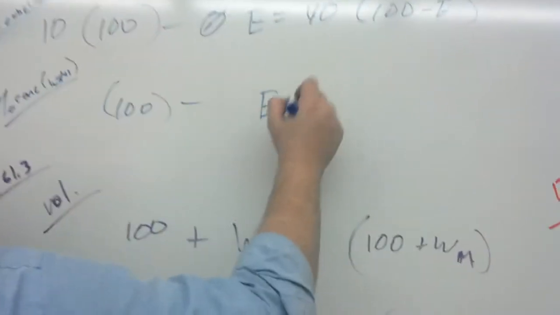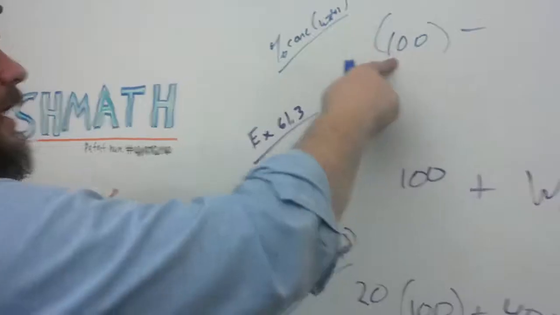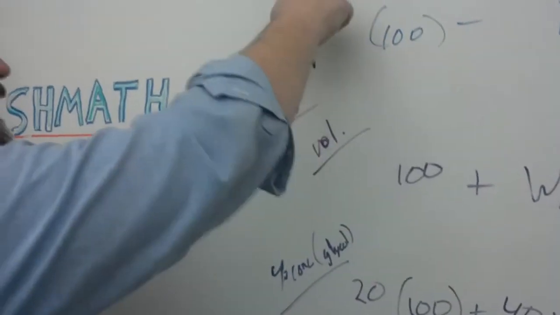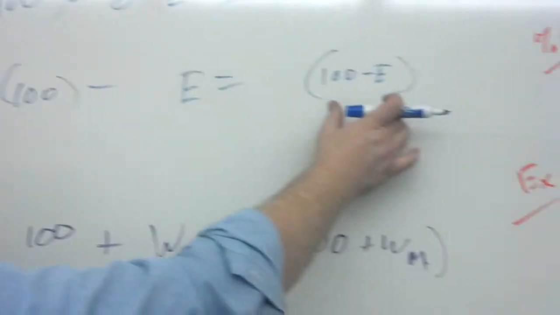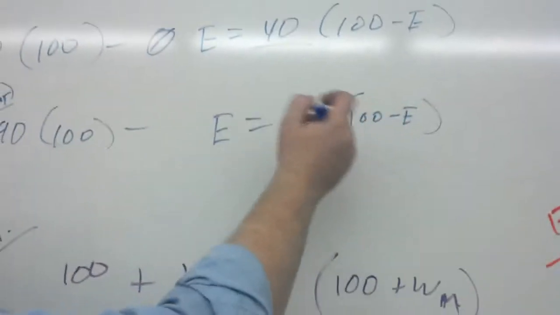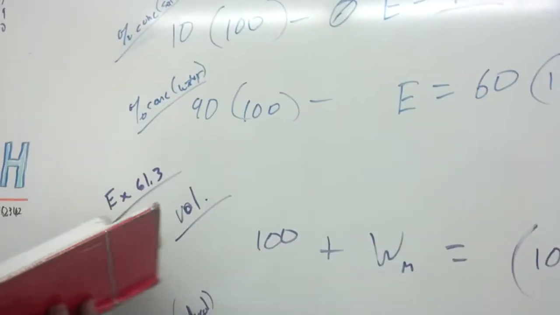Our same volumes, right? If this 100 gallons is 10% salt, how much of it is water? 90. Nice. What we're ending with, if 40% is salt, how much of it is water? Of the water that we're evaporating, how much of it is water?